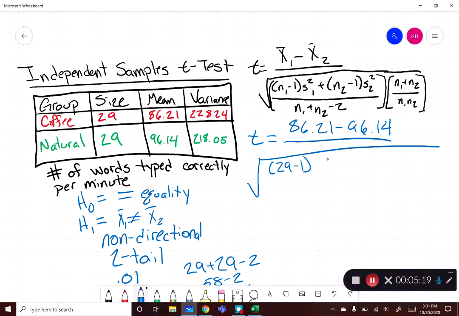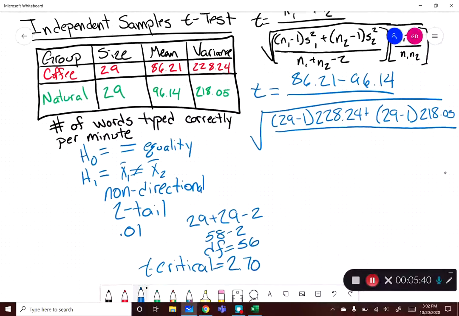The variance of that one is 228.24, plus the sample size of group 2, which is still 29, minus 1, multiplied by the variance here, 218.05, over our degrees of freedom, since we already calculated this.